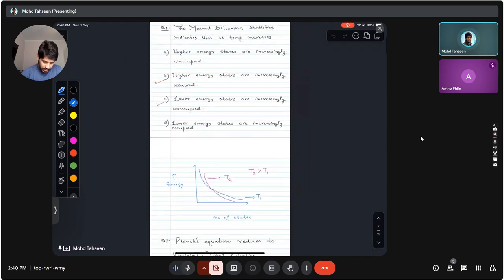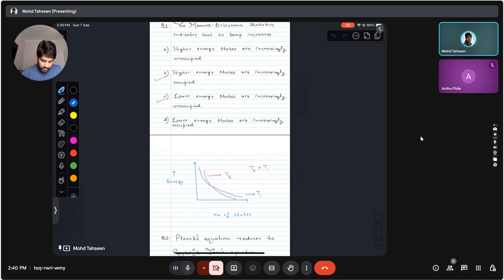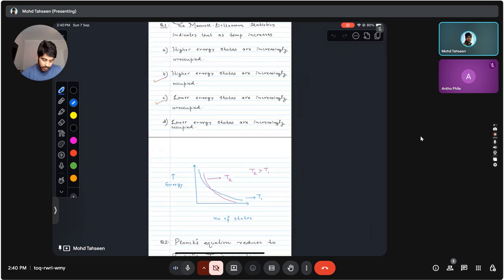So first we looked at this graph. This is actually the energy plotted against the number of states that are being filled, and this plot comes from Maxwell-Boltzmann statistics as done in the Drude model. So what we find here is that as we increase temperature, the temperature shown in the pink here, T2, is greater than T1, right?